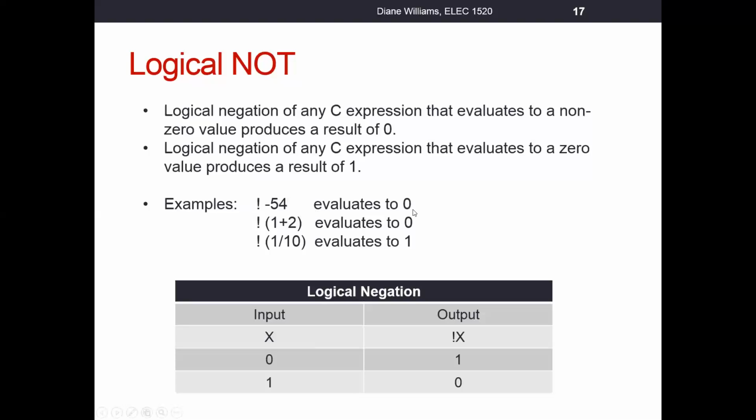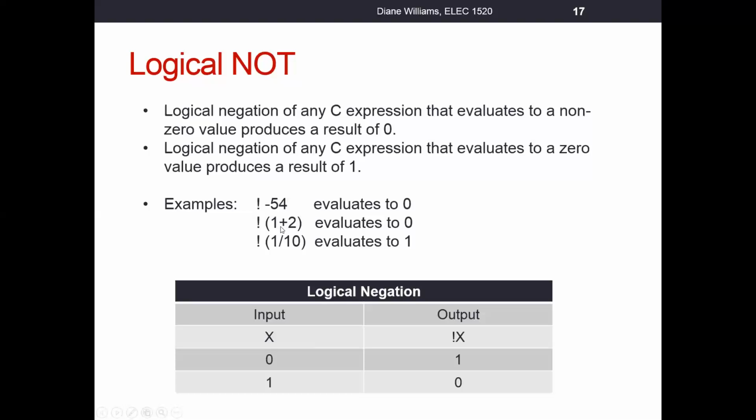False is 0, always. But anything that is a non-zero value, the logical negation of any C expression that evaluates to a non-zero value produces a result of 0. So not negative 54. C actually thinks of this as being true. So not true is false, evaluates to 0.